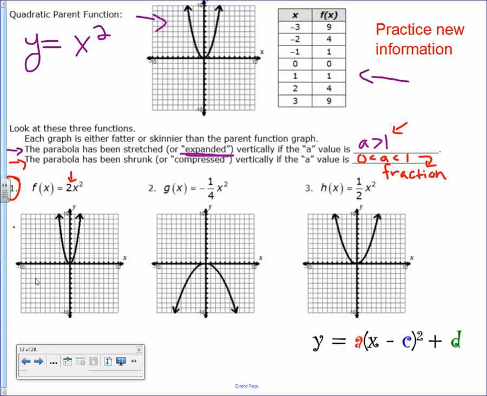For this graph, vertically expanded or stretched. You can also say thinner or taller.